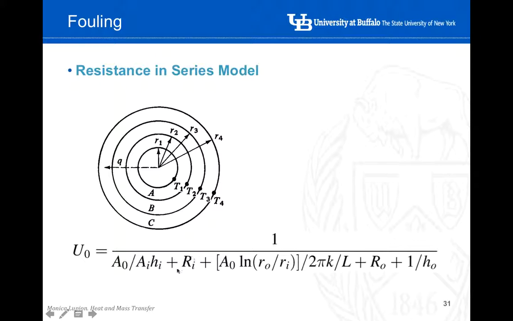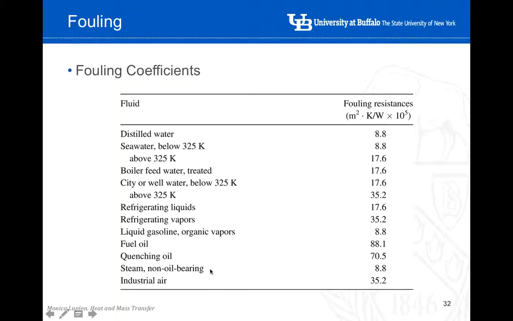Ri is the fouling resistance on the inside of the pipe in this particular case, and Ro is the fouling resistance due to the external surface. So what we do basically is incorporate these two thermal resistances here.